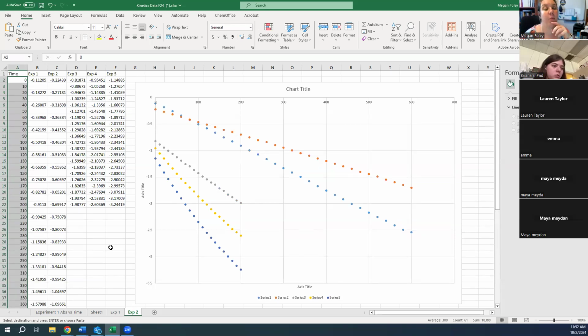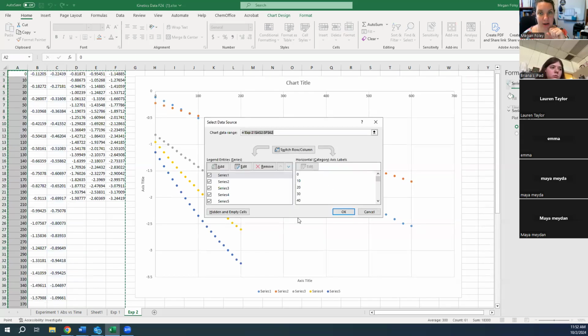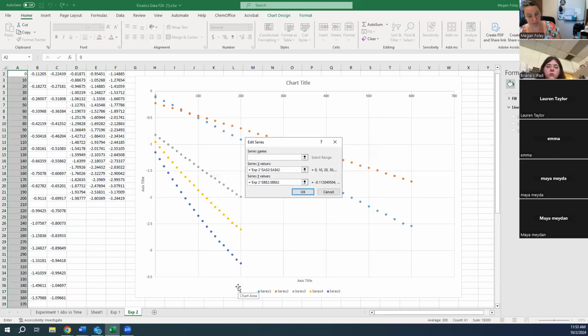Okay, we'll give her a minute. We are going to change, so see how it says series down here? We're going to change these names. So we're going to click on our data points and go to select data right here, and it should give us our series. We're going to change these from series to experiment. So all we do is press edit, and under series name, we're going to put experiment 1, or we could do exp1, whichever one you prefer.